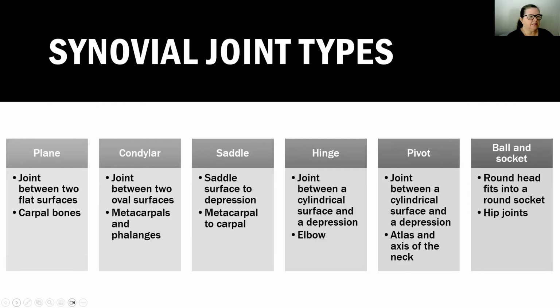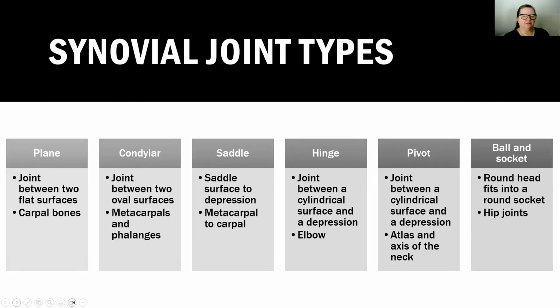A saddle joint is a saddle surface to depression joint. So kind of a joint that looks like this, like a half moon sort of, that goes into a depression. Not ball and socket depression. A good example of this is the joint between the metacarpals and the carpals. A hinge joint is a joint between a cylindrical surface and a depression.